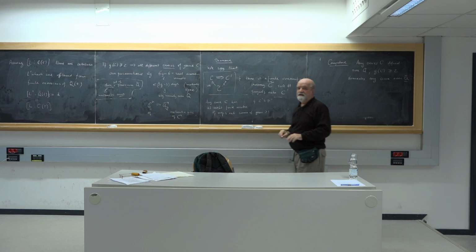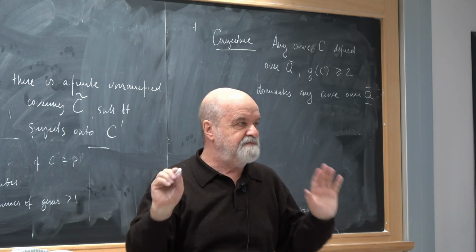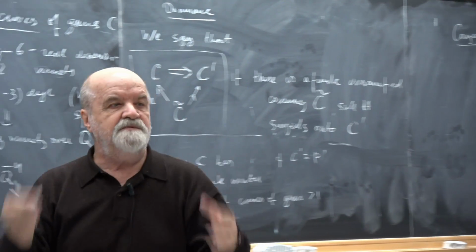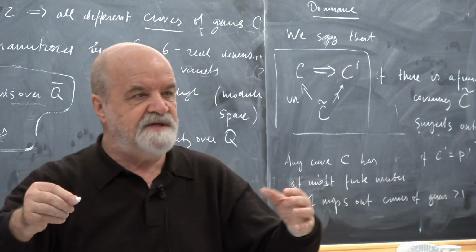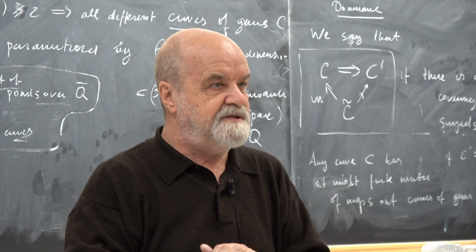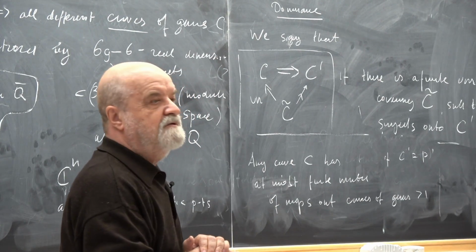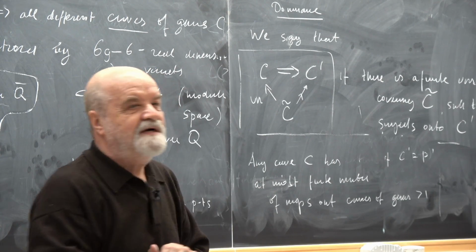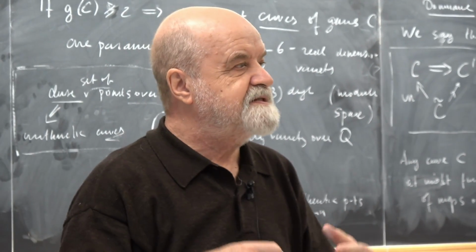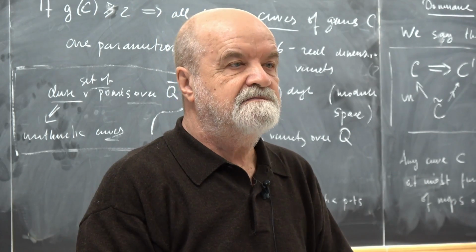So now we are restricting ourselves: we take this countable subset, and I'm looking only at the countable subset of curves. If the curve is defined over Q bar, then its unramified coverings are defined over Q bar, so the subset is closed under this operation. And then the conjecture says that in fact all the curves are essentially the same. Modulo unramified covering, strangely enough, curves of genus greater than 2 should be kind of similar.